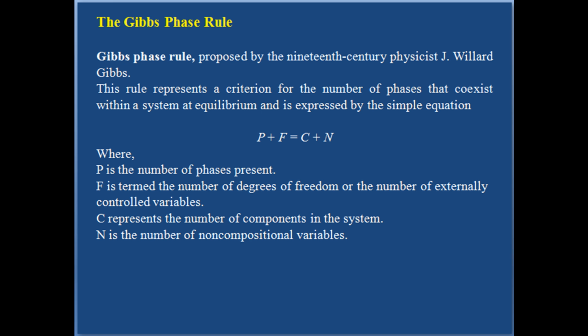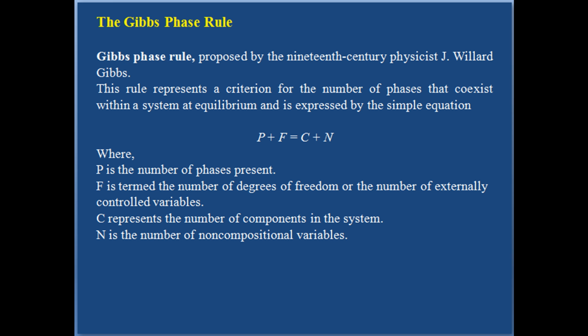Once again, the Gibbs phase rule: P + F = C + N, proposed by J. Willard Gibbs, is a criterion for the number of phases that coexist within a system at equilibrium, where P is the number of phases present.